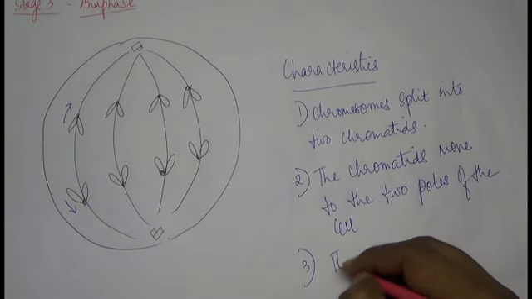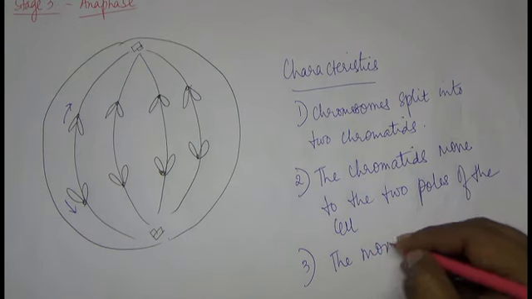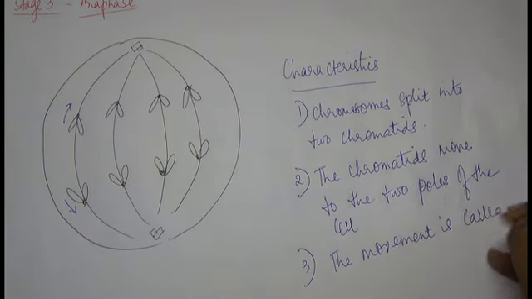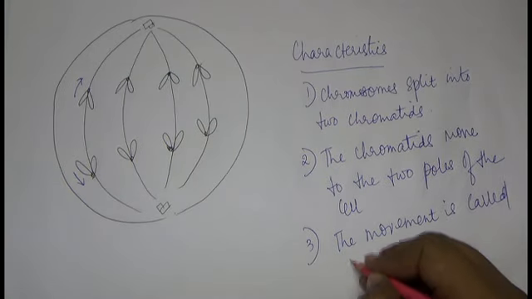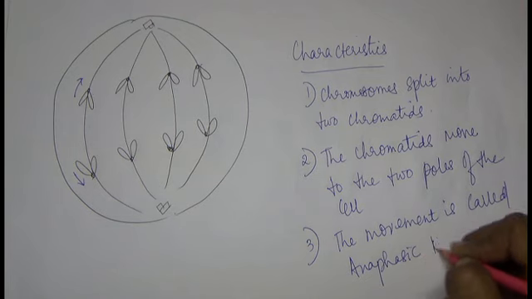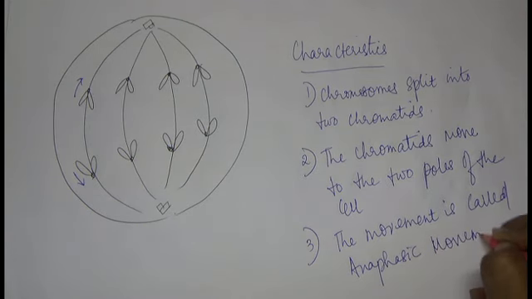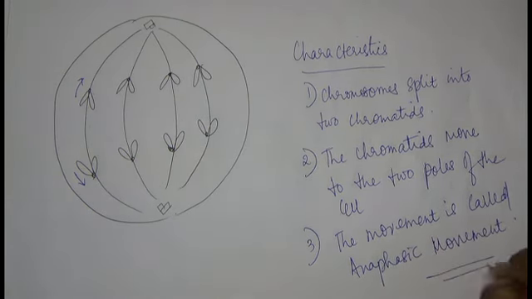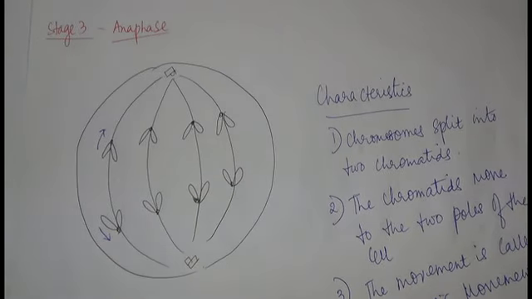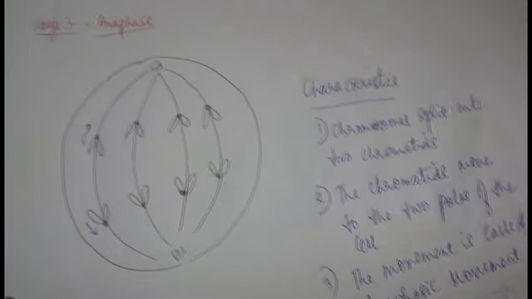And number 3, the movement is called anaphasic movement. Okay, so these are the characteristics of anaphase. Please copy down the diagram along with the characteristics.